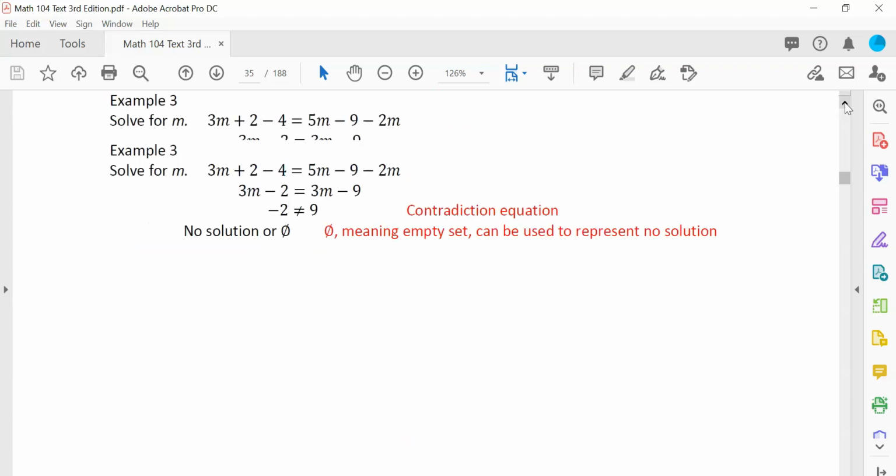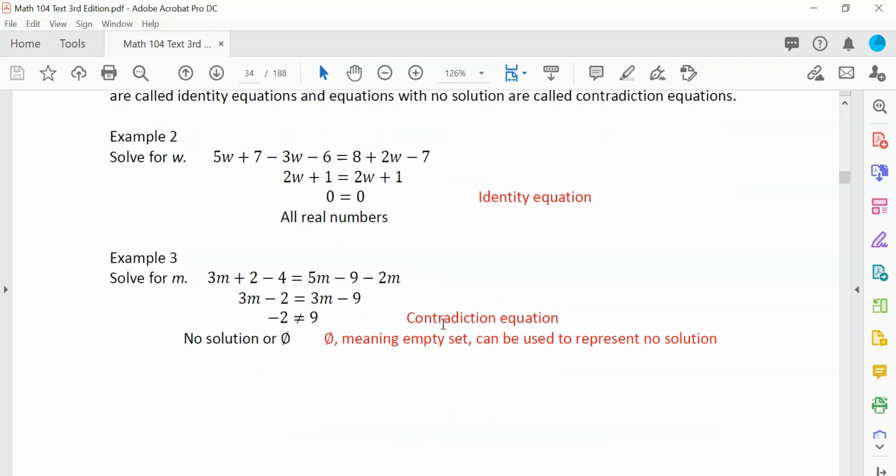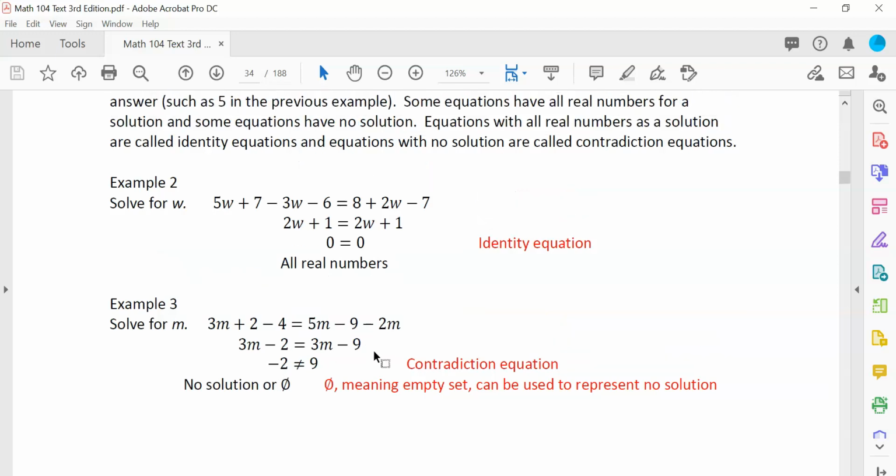And by the way, that's what the book is trying to explain here. They call this true equation the identity equation. They call this false equation the contradiction equation. You can see that they have the symbol for no solution there as well. Again, 0 with a slash through it. In mathematics, that 0 with the slash through it is technically called the empty set.